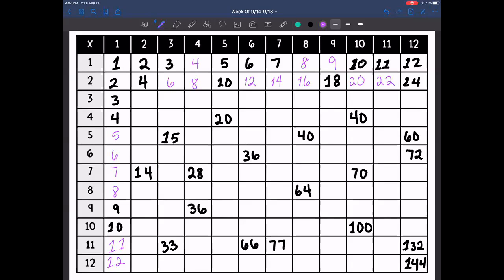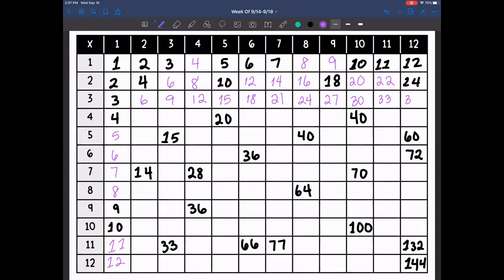Next is 3s. So 3 times 2? 6. 3 times 3? 9. 3 times 4? 12. 3 times 5? 15. 3 times 6? 18. 3 times 7? 21. 3 times 8? 24. 3 times 9? 27. 3 times 10? 30. 3 times 11? 33. 36.